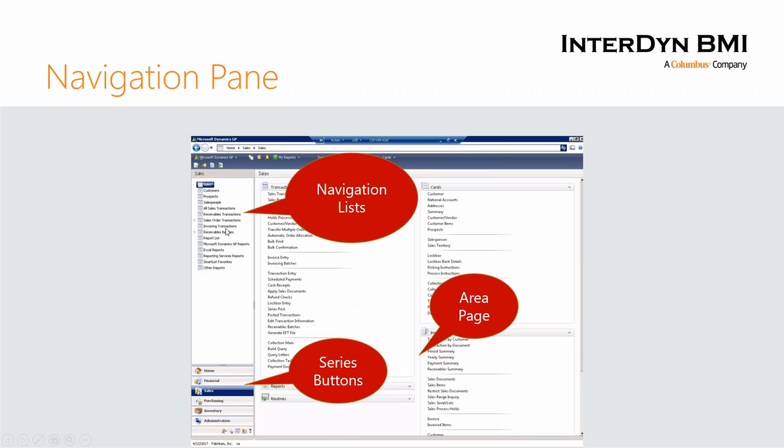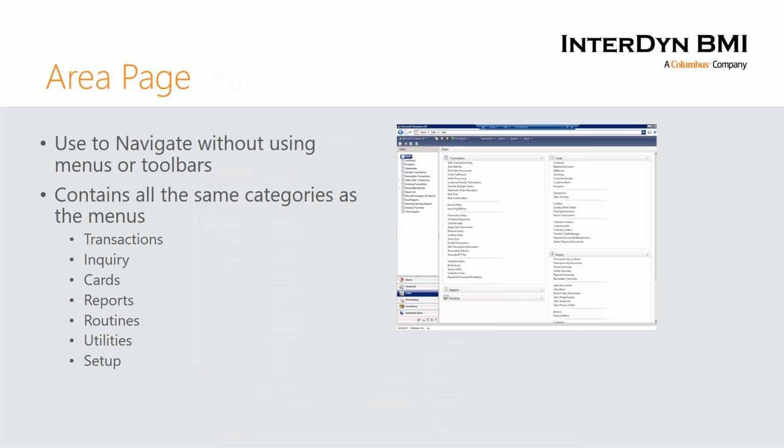The top part of the window, the navigation list area up here, Microsoft is going to pre-populate with a number of things for us. We can add to the list if we like, so we can put our own shortcuts on there, and I'll actually show you how to do one of those when we get back to the live copy of Dynamics. The idea is that you could navigate the system without using any of the menus.